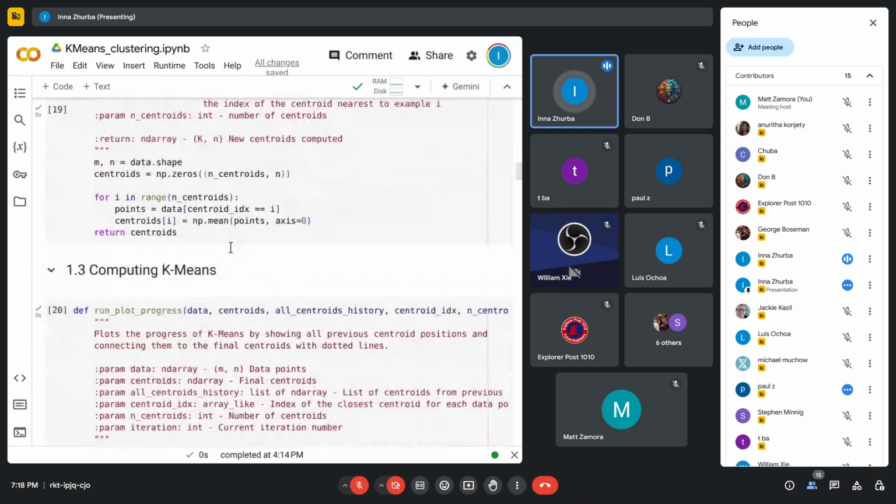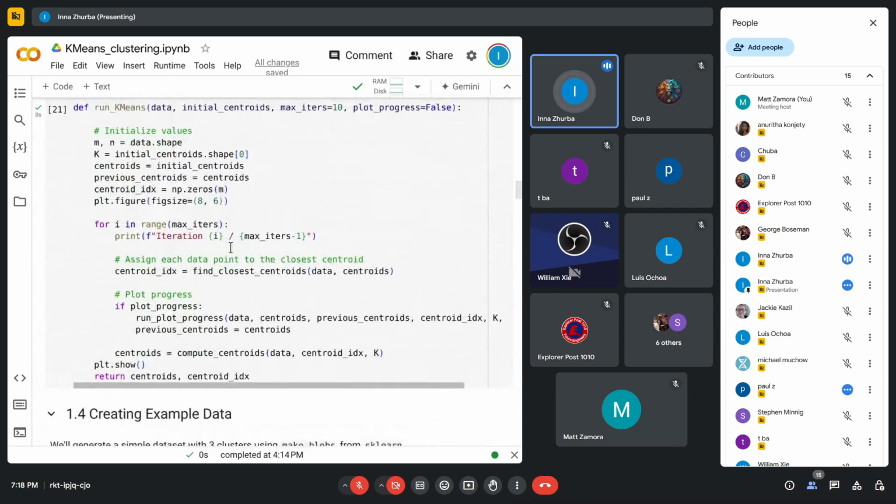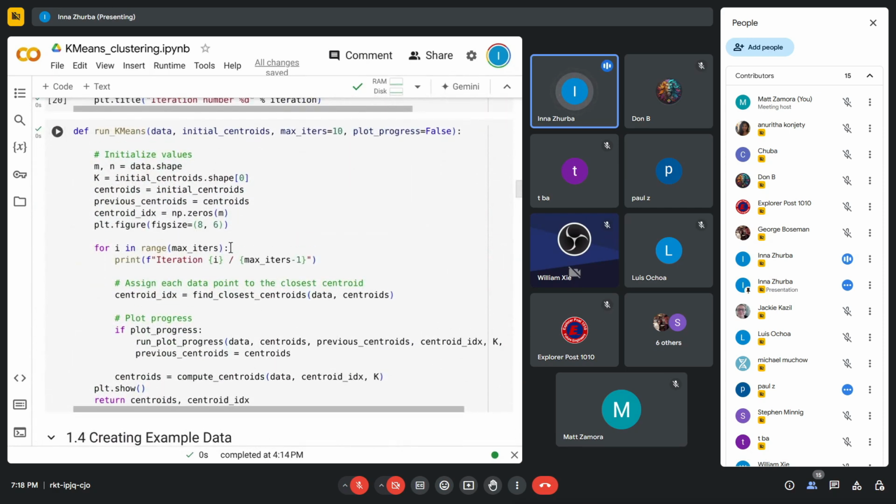That's how the algorithm itself looks. We start by providing the initial centroid data points and figuring out the K, the number of clusters. Then iteratively, we find the closest centroids, and we can provide the number of iterations as well.